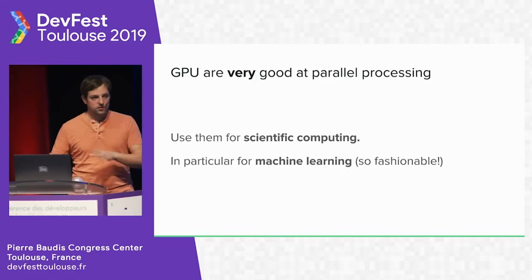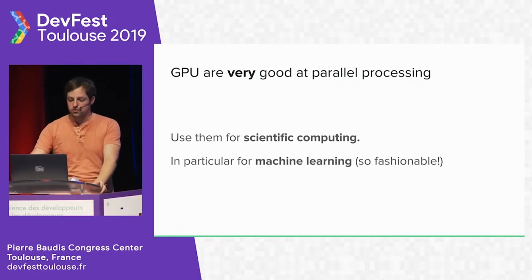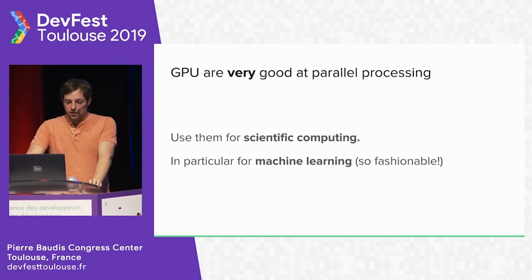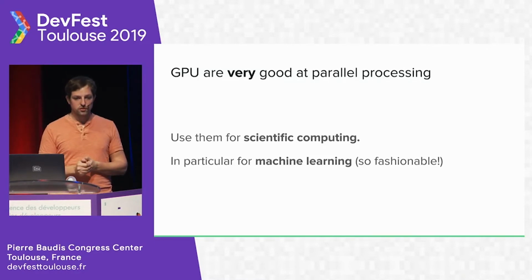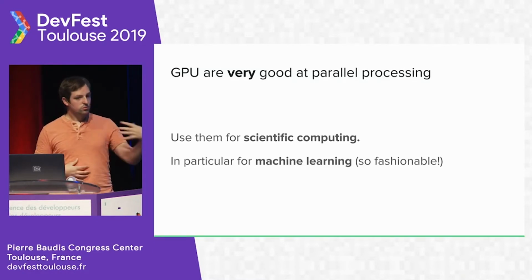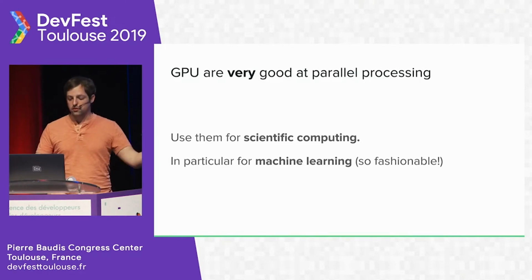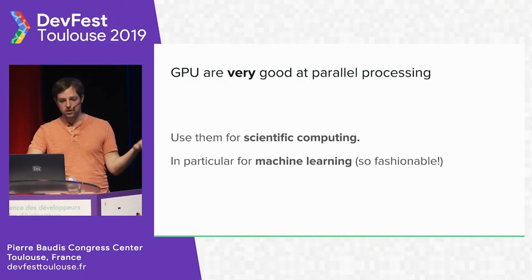It's machine learning. And GPUs are really, really good at training machine learning models. So this is the really fashionable side of GPUs today. But anyways, GPUs became very good at parallel processing. And WebGPU allows you to use that in a very flexible manner with what we call compute shaders.